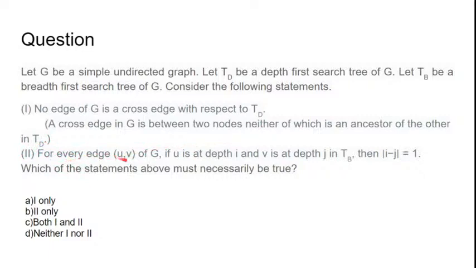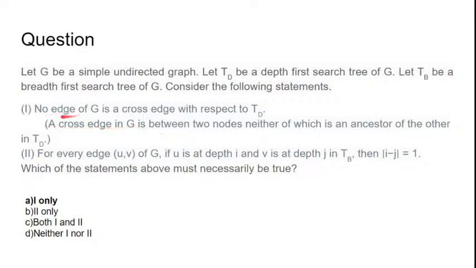For every edge u comma v of the graph, if u is at depth i and v is at depth j in the breadth first search tree, then i minus j is 1. So which of the statements above is true?